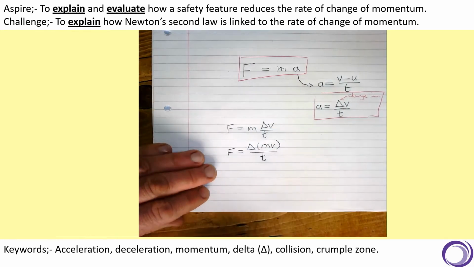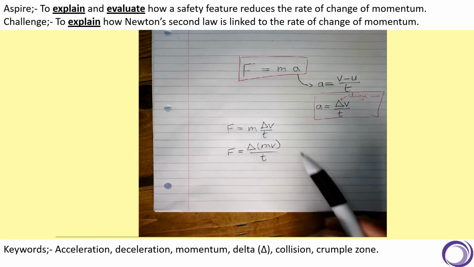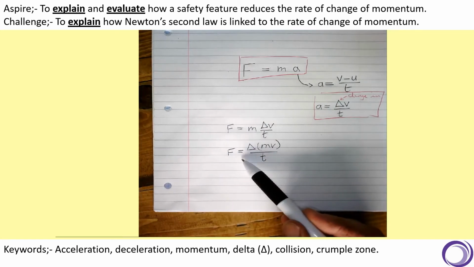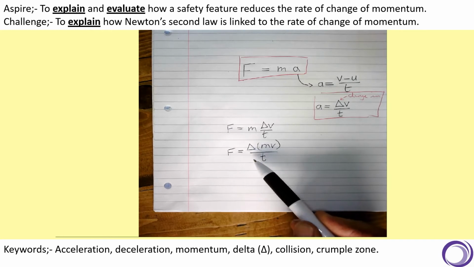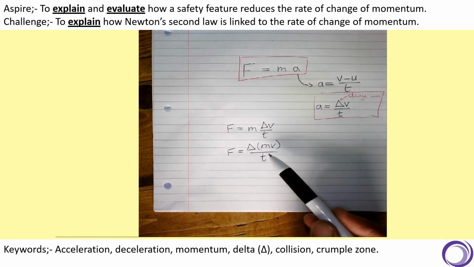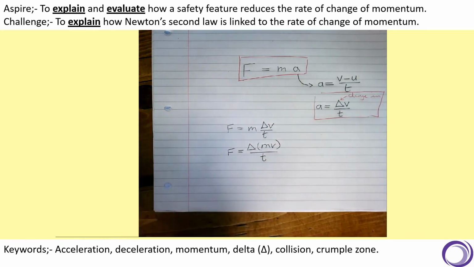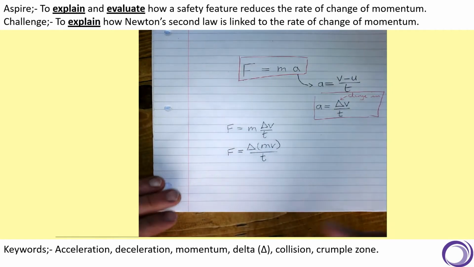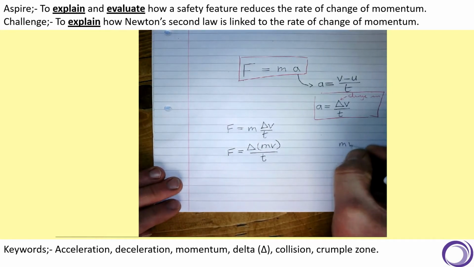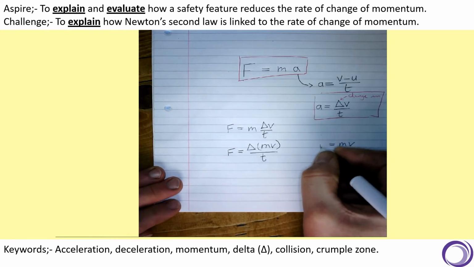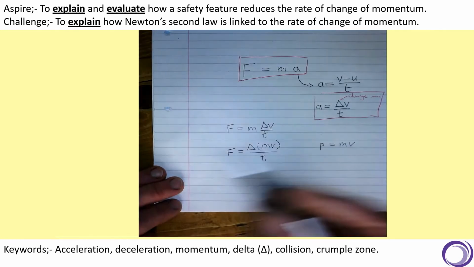So let's have a look what that means. It means that the force equals the change in the mass times the velocity, so it could be the mass that changes or the velocity that changes or both, divided by the time, which then gives us a third equation, because m times v equals the momentum, which we use the letter p. So m times v is momentum.